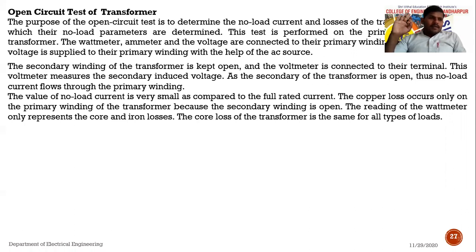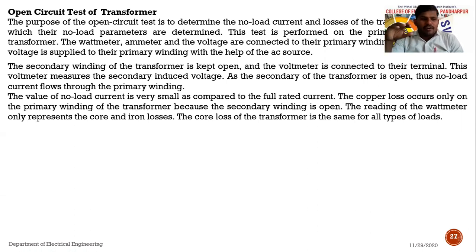The value of the no load current is very small as compared to the full load current, as I have already told. Due to the very small current, the copper loss in the primary winding at no load condition is neglected. In the equivalent circuit also we have neglected that.